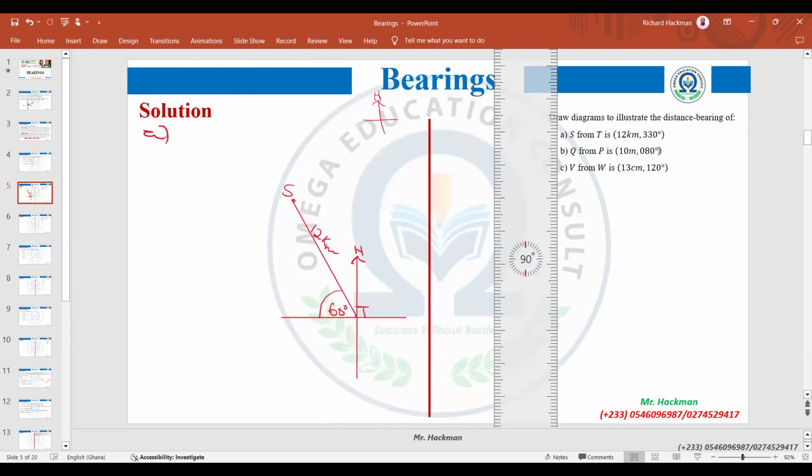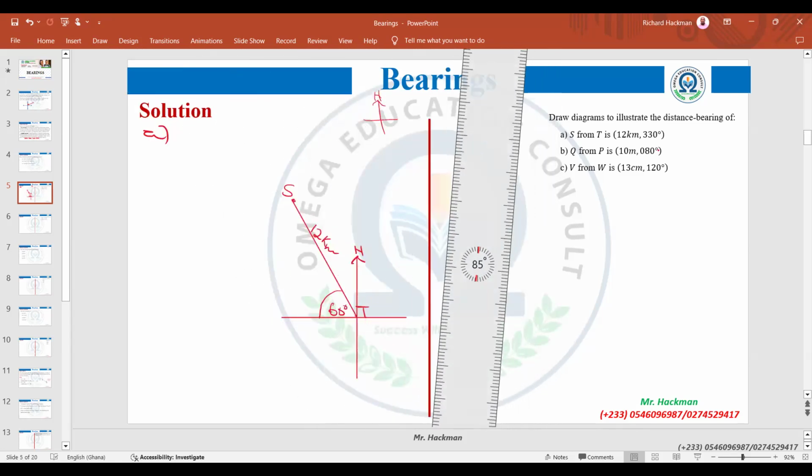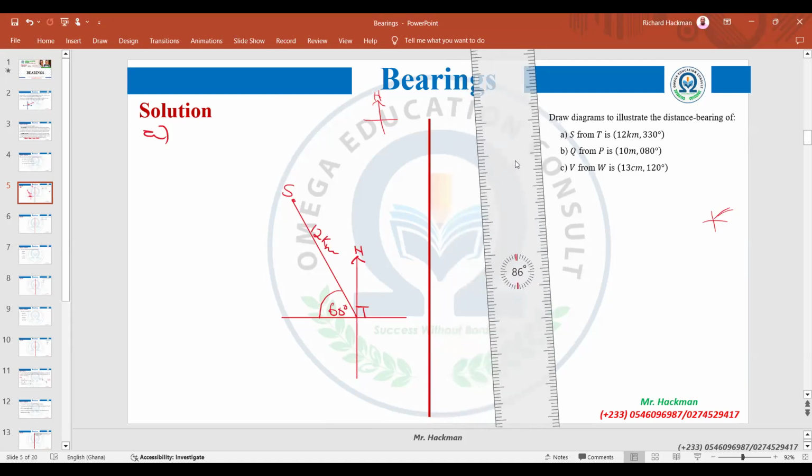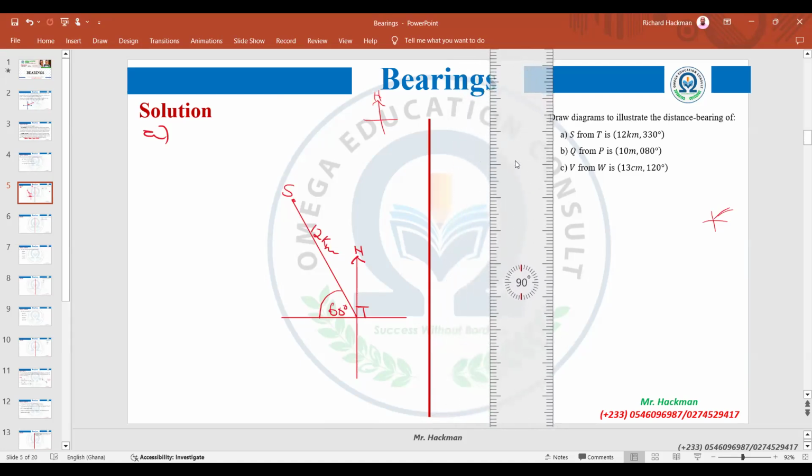So what do I do? The rough picture will tell me that my angle 80 will be in this quadrant. So I will need this side more. So I will start drawing my line from here. The line that I will need will go this way.